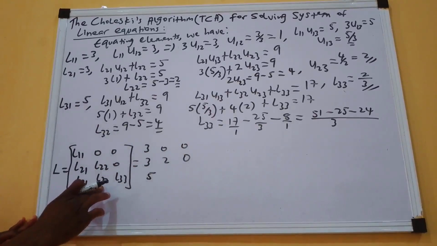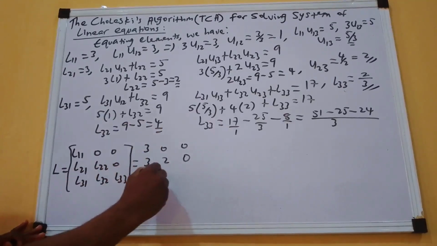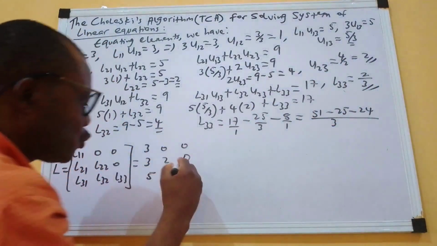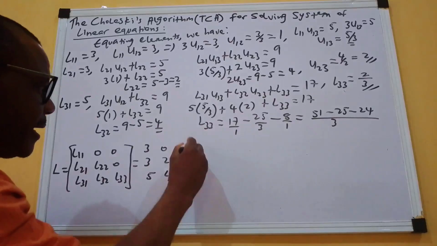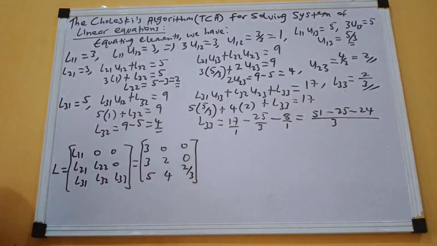Our L32 is 4. And our L33 is 2 over 3. That is the lower triangular matrix. You can see we have been able to get the values for the L11, the L21, the L22, the L31, the L32, and the L33.